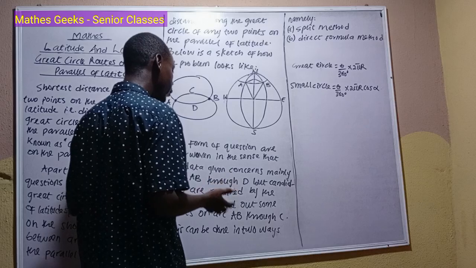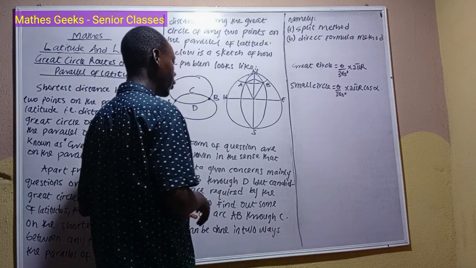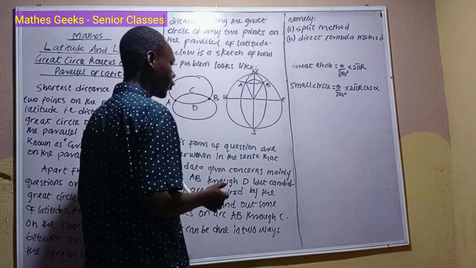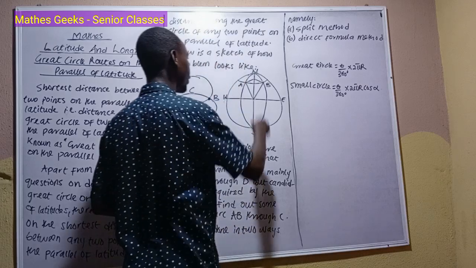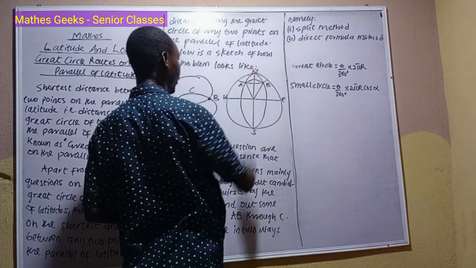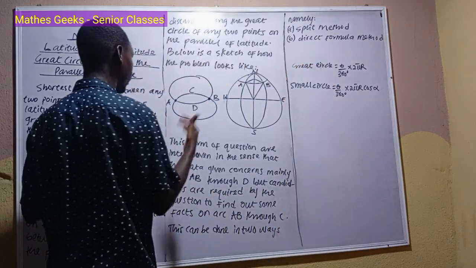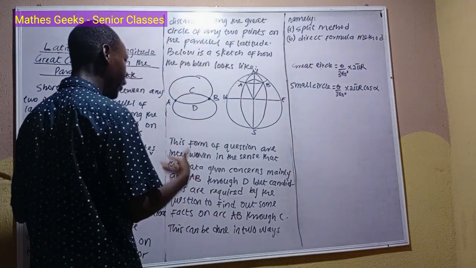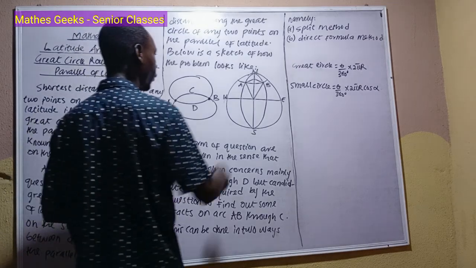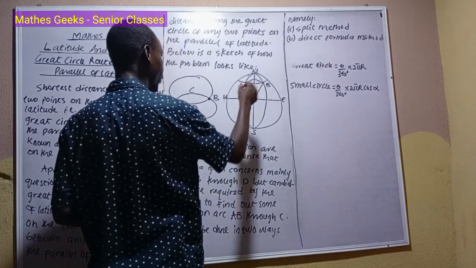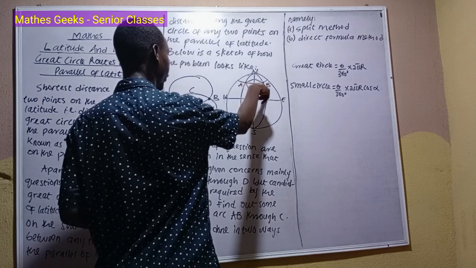Whenever a question about the shortest distance between 2 points is referring to a great circle, or most times instead of saying the shortest distance, the question will say find the great circle. So what it implies is the great circle that's lying between 2 points that are on the parallel of latitude. So in that case, we are not just going to use this formula; the facts and procedures that you're going to learn in this lesson are what you're going to use to solve problems like this, where these 2 points are on the same line of latitude, yet the question wants to find a great circle route between those 2 points.